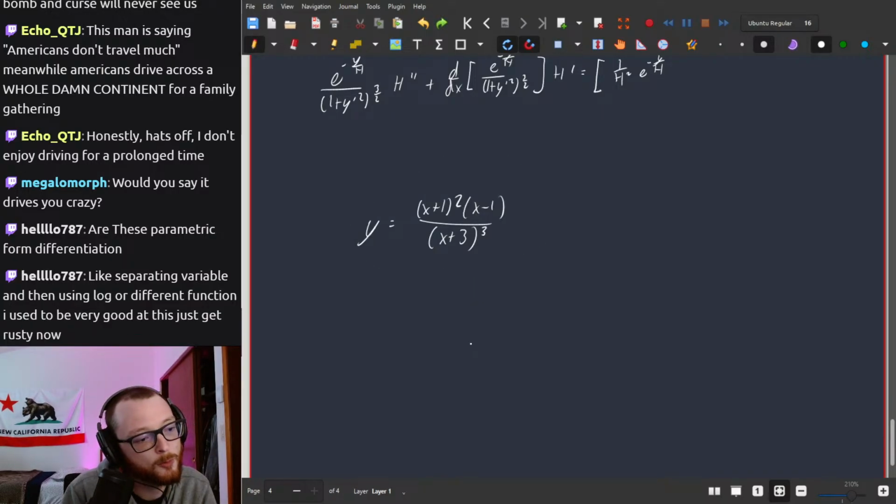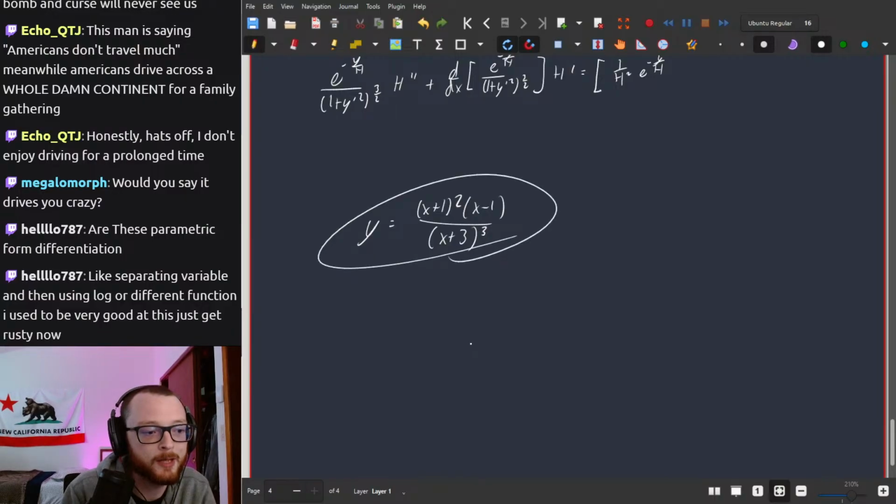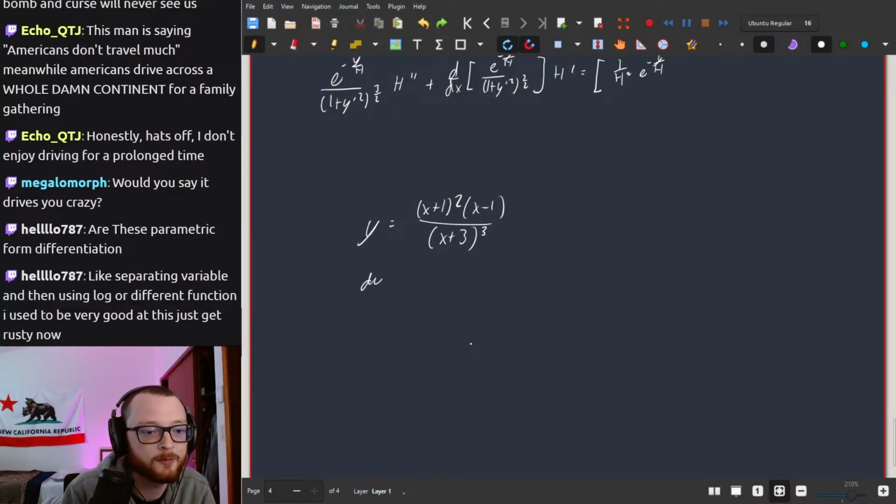Oh wait, maybe you could be talking about a different thing too. Okay, I'll describe both things. If you have this situation and you're being asked to find the derivative of y, like dy by dx, or y prime, instead of calculating this derivative directly, you can take the logarithm of both sides.